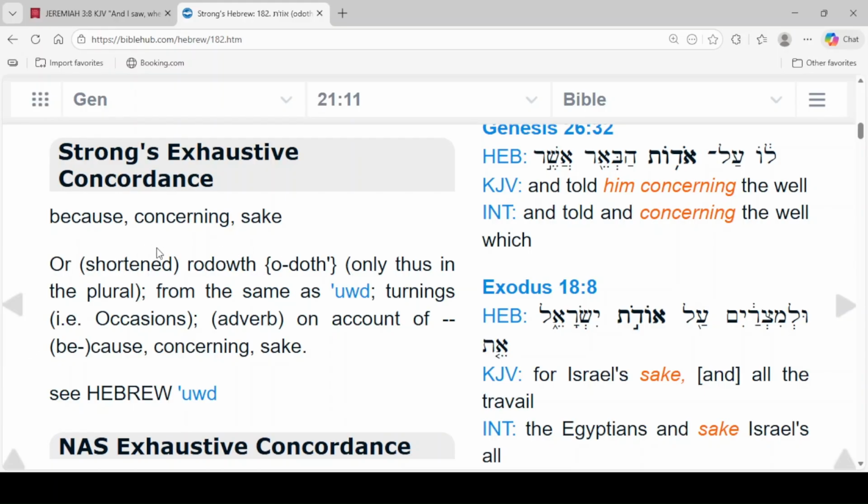The longer version of the uncontracted odoth is the letter R. It's a compound word, or in other words, two words joined together, and the compound word is likened unto what they refer to as a construct state, and the first meaningful word is rod.